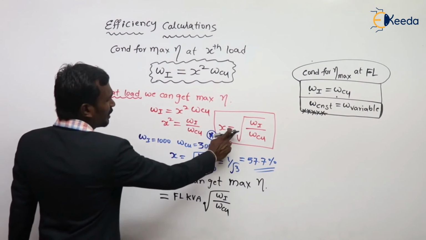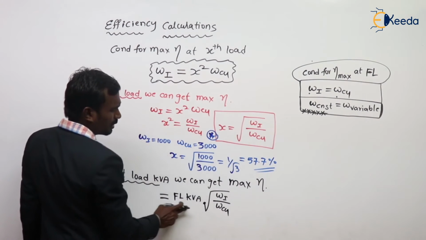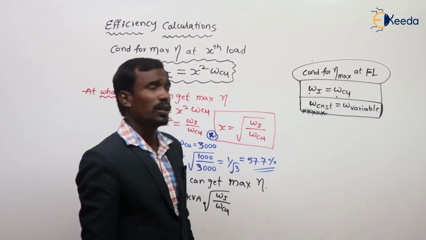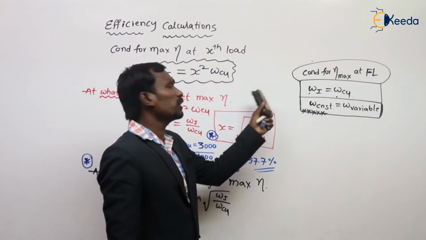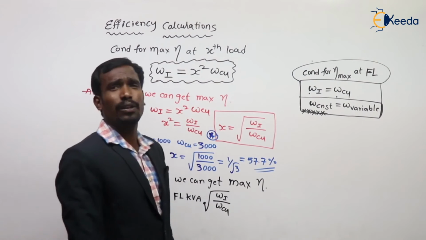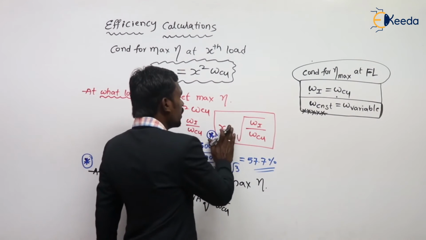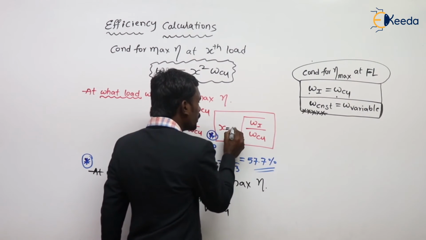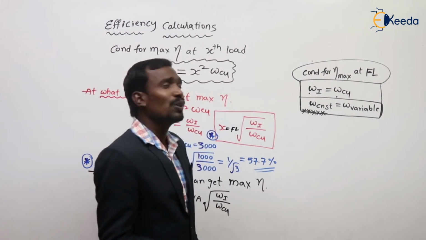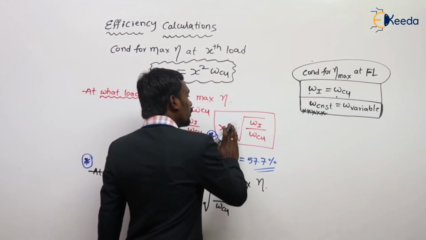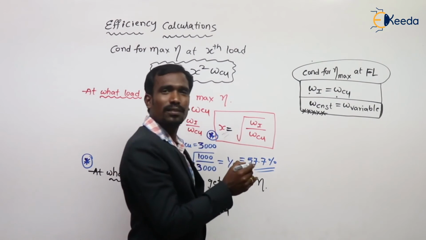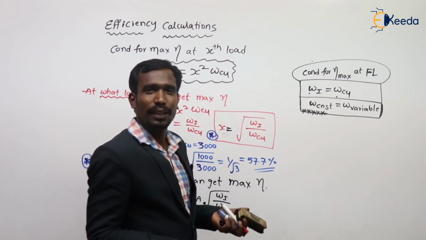Sir, why didn't you write full load here in the earlier formula? Yes, of course, here you have to write full load into half load, nothing but 1 by 2. Full load is nothing but 1, and 1 into anything is only that thing.